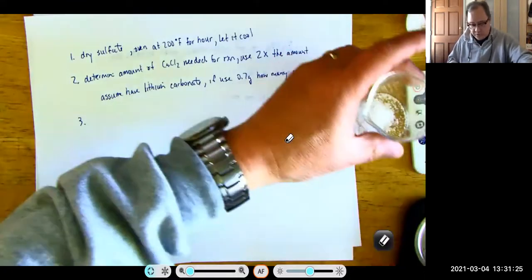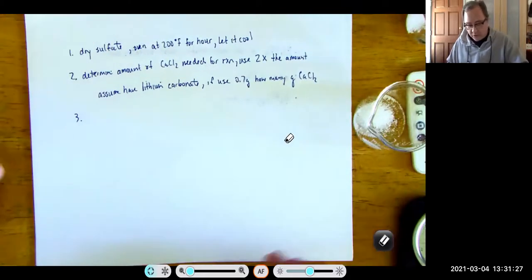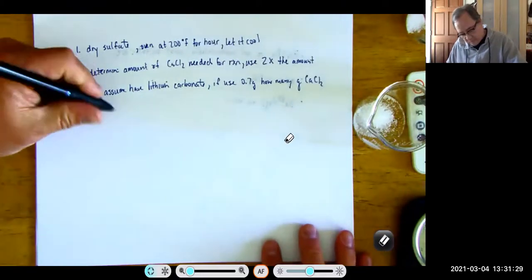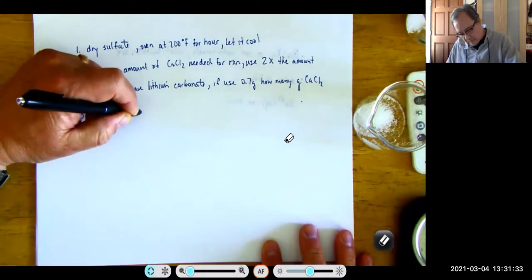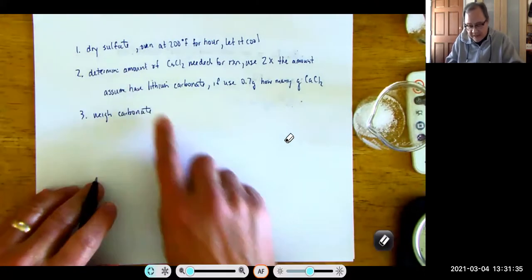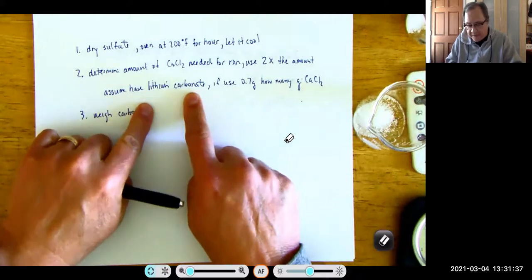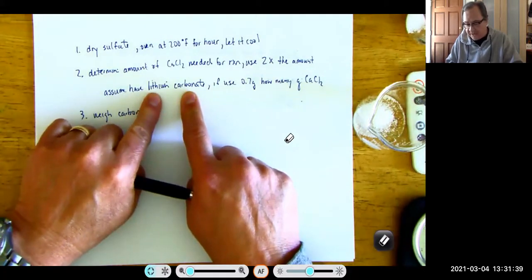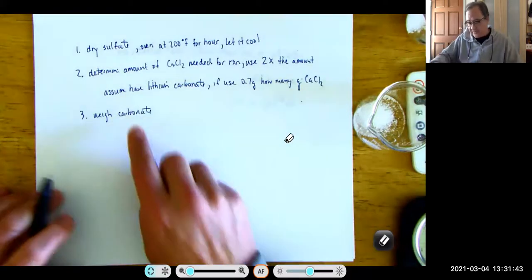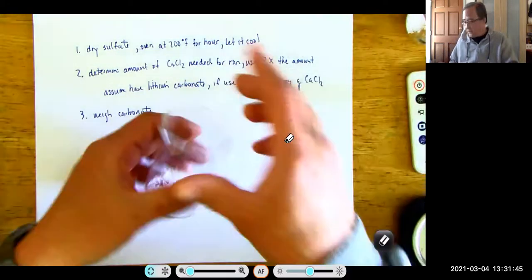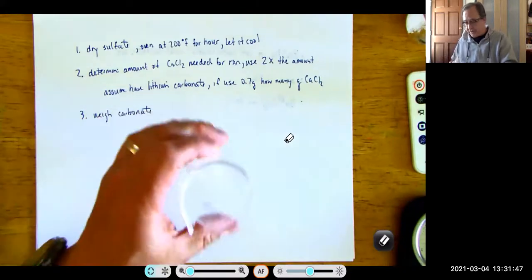So you want to weigh your carbonate. Now, I would have figured out ahead of time for my lithium carbonate how much calcium chloride I would need for excess. So here's my unknown, and I'm going to dissolve it in water.